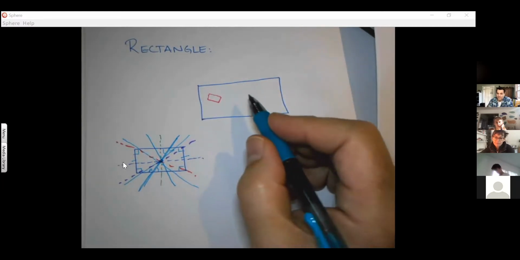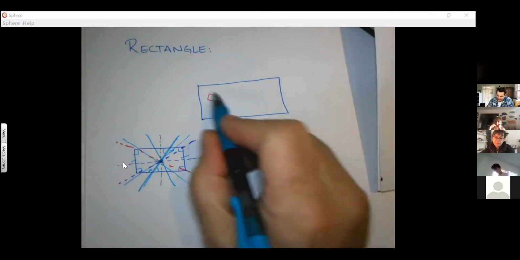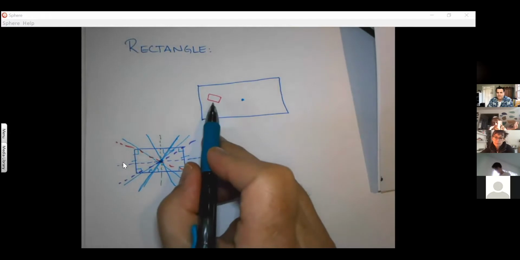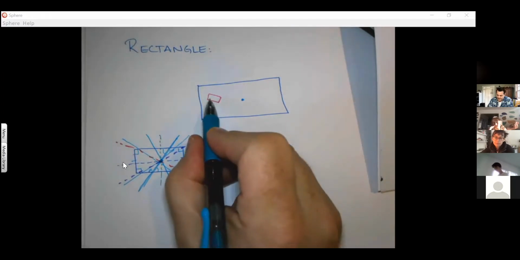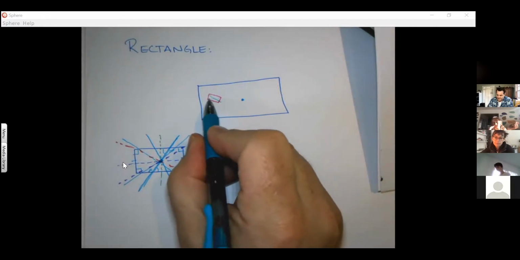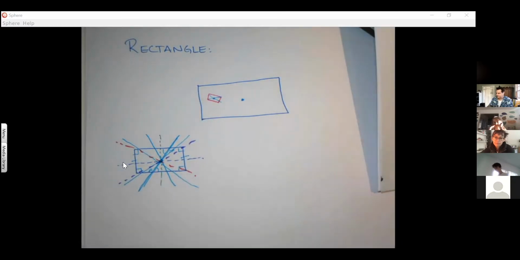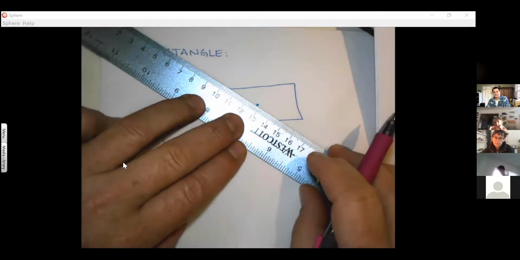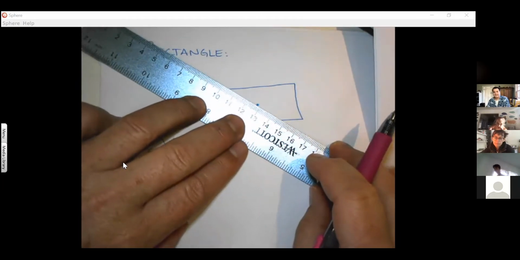Well, do we agree that we're going to have to go through the middle point here because that's going to get the middle of the whole thing? How do we get the middle of the whole? Could we do the same thing? Figure out the two diagonals, and that would be the middle of the whole? And we know that any line that goes through the center would slice this in half, right?